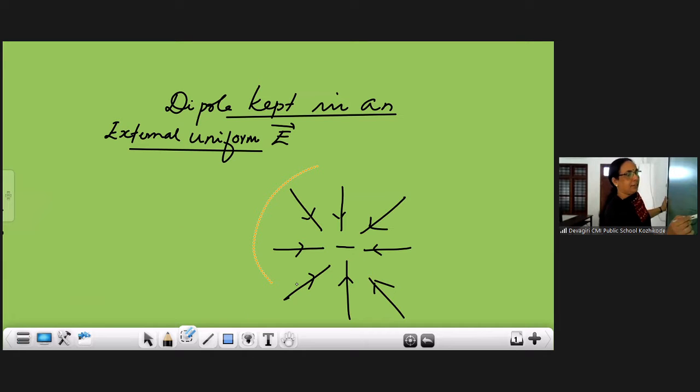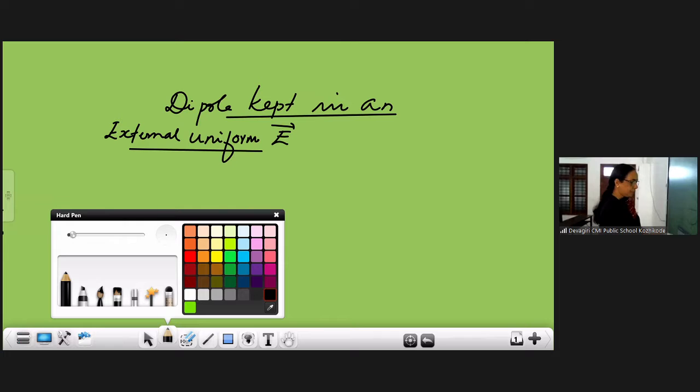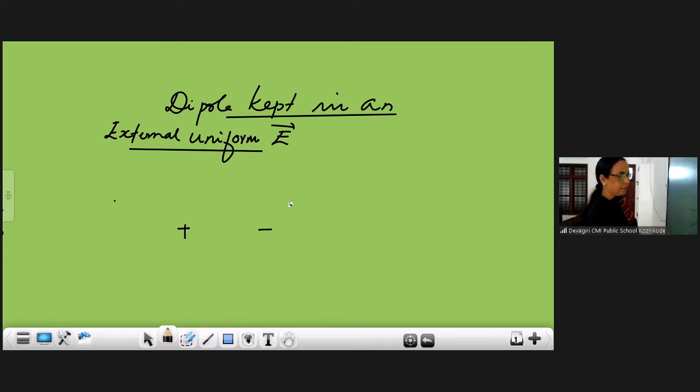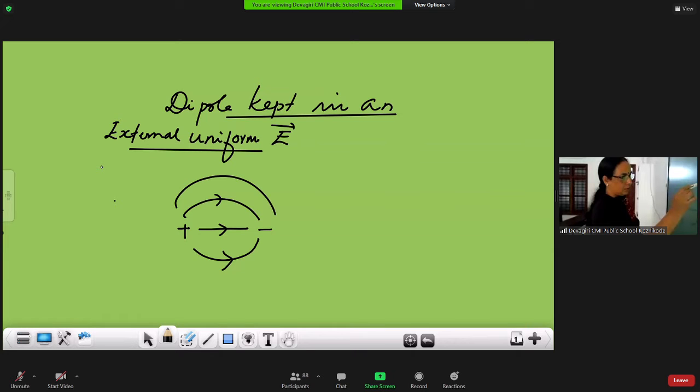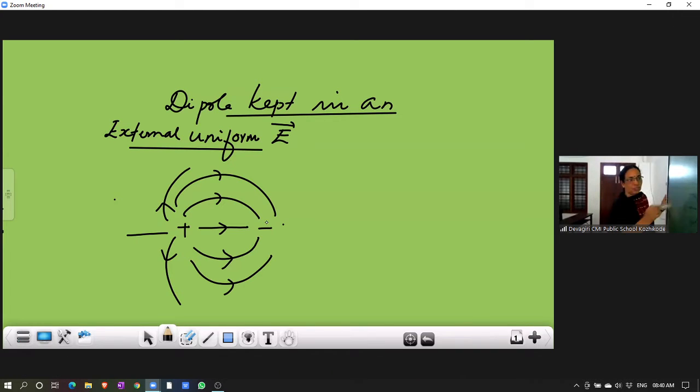So this is the case when they are kept close to each other. Now, this is almost equivalent to the case, if the magnitude is same, we know this is the case of a dipole.